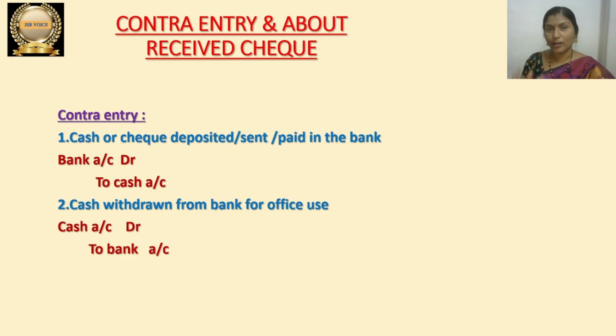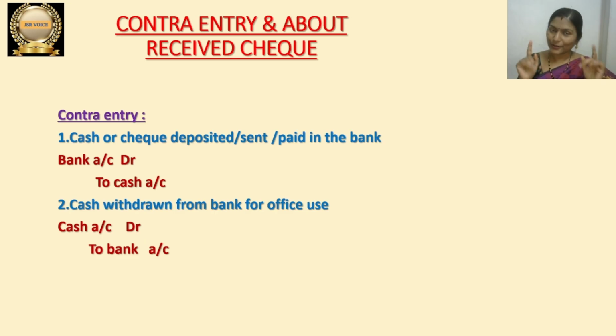You should keep that format in your mind while preparing a 3-column cash book, as well as you should know about 2 items. One is contra entry, the other one is received check. You should know about these 2 also while preparing a 3-column cash book.